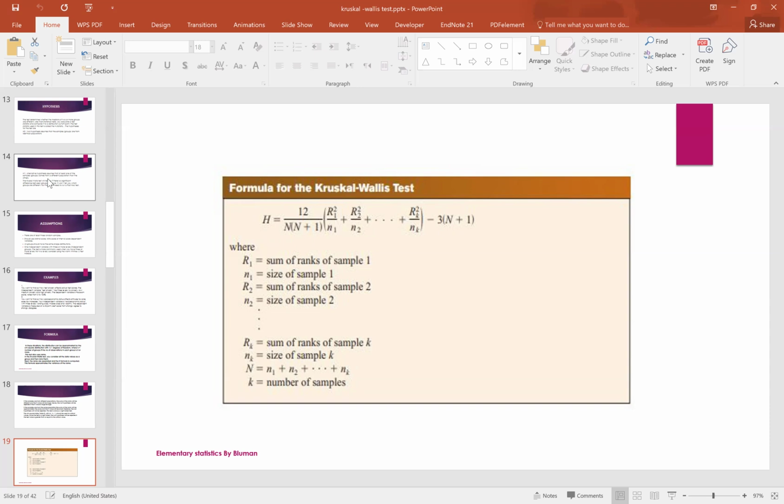Where R1 is equal to the sum of ranks of sample 1, N1 is equal to the size of sample 1, R2 is equal to the sum of ranks of sample 2, N2 is equal to the size of sample 2, Rk is equal to the sum of ranks of sample k, Nk is equal to the size of sample k, N is equal to N1 plus N2 plus Nk, and k is the number of samples.